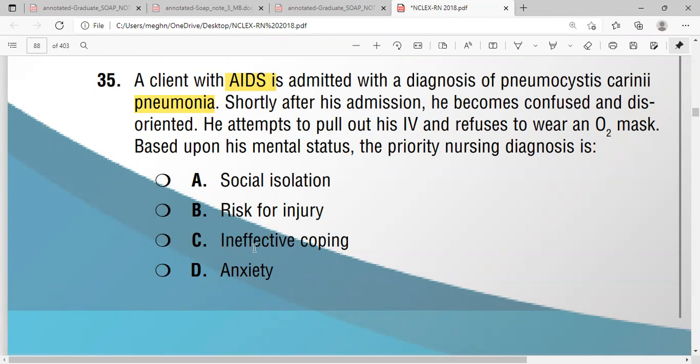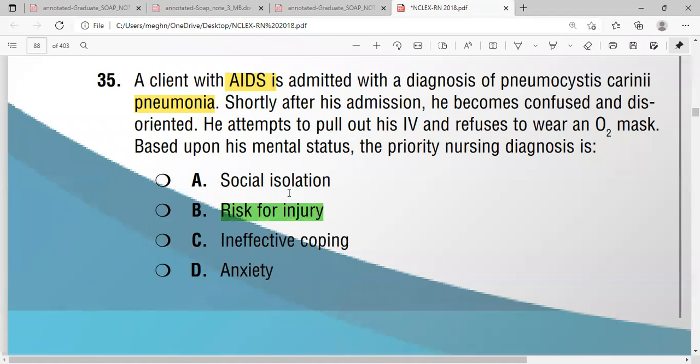Number C, ineffective coping, and number D, anxiety. The correct answer is number B, the risk of injury. So injury prevention is the top priority for this patient.